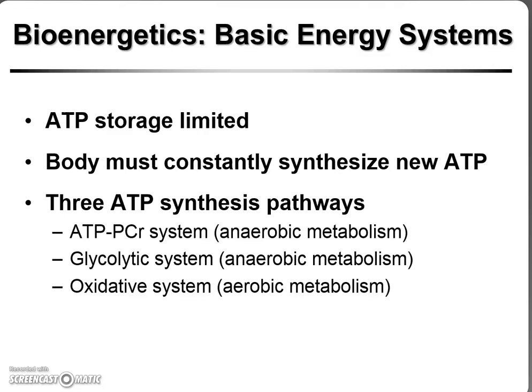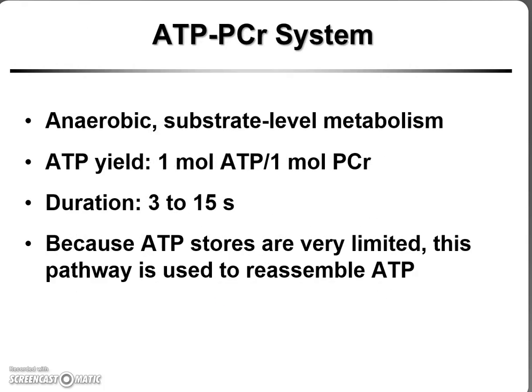Once again, the three basic energy systems, you can see them here: the ATP-PC, or phosphocreatine, glycolysis, sometimes called glycolytic, and the oxidative. Now, the ATP-PC is used in short, high intensity. It's very quick.